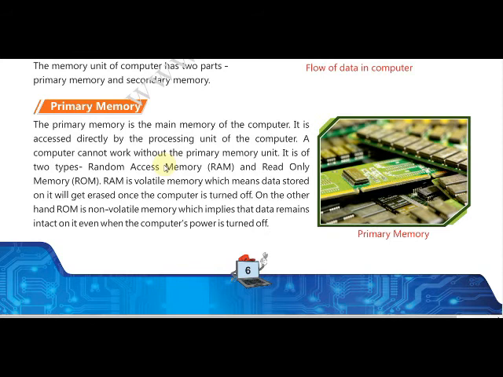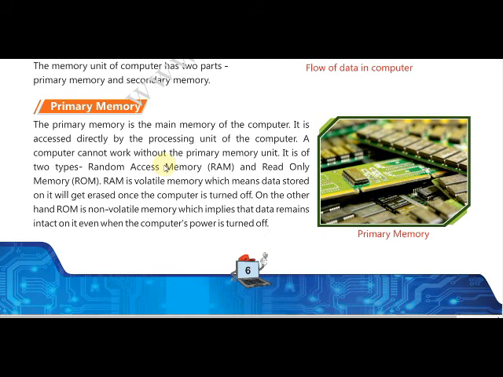The first one is RAM, which stands for random access memory, and we have one more primary memory, that is ROM, read only memory. RAM is temporary memory, which means it is a volatile memory, because it stores data temporarily.